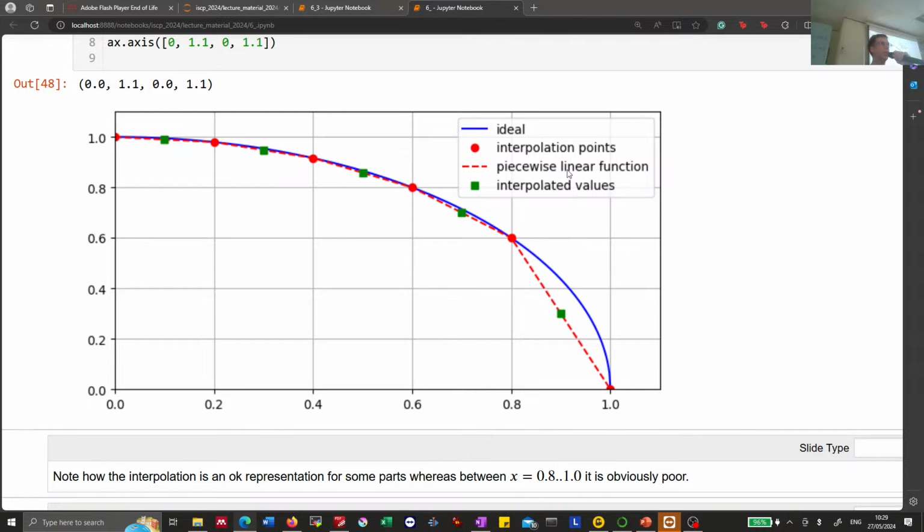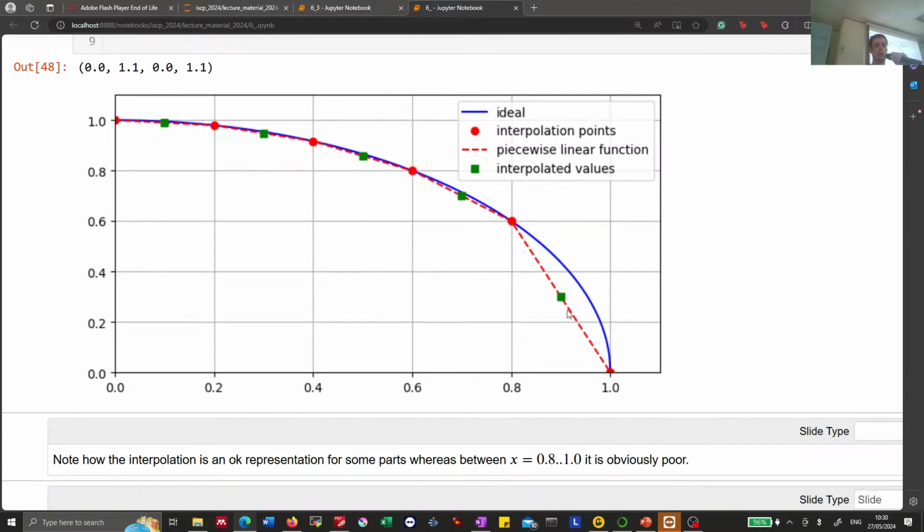This is our interpolation, and the interpolation connects the data points, the red ones. And we see that between 1 and 0.8 the differences to the function are very large. It's not so obvious at the other points, but there it's really large. So far, so good? Yes, right? It's not that hard.